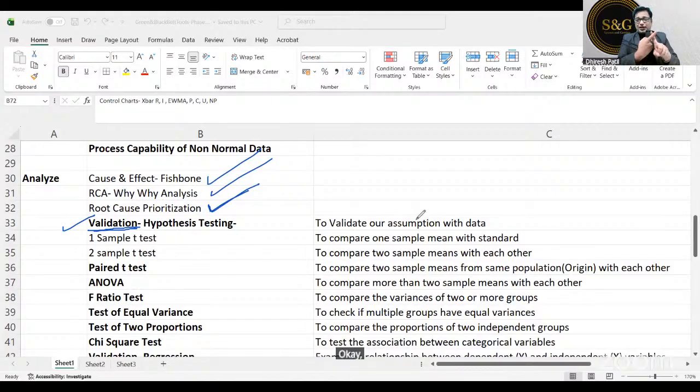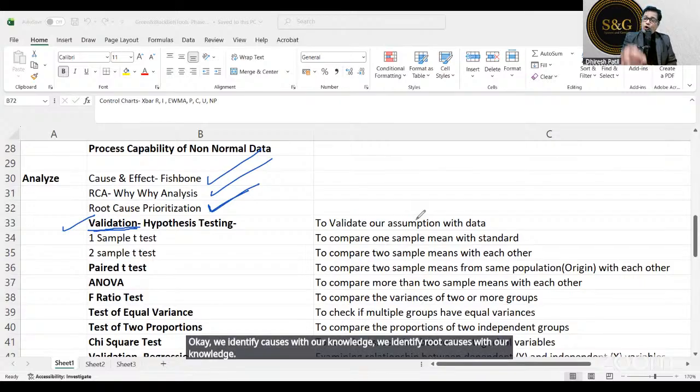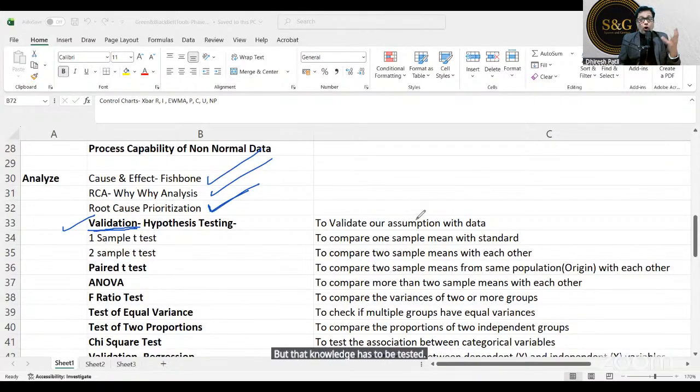We identify causes with our knowledge, we identify root causes with our knowledge, but that knowledge has to be tested. That knowledge is our assumption.